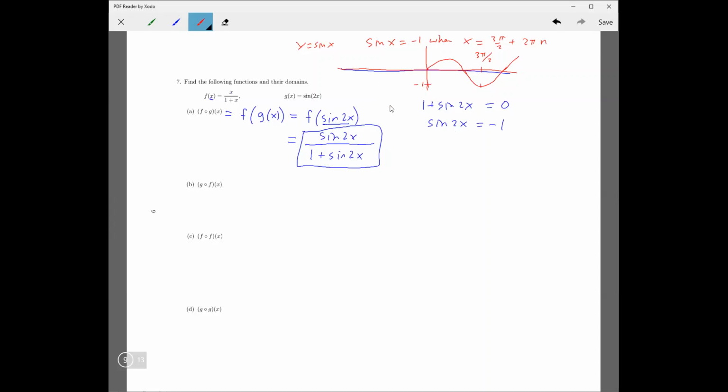This is going to go to this point right here, -1. Okay, so here you have the graph y equals sine x, right? What's the graph of y equals sine 2x going to look like? What does the 2 do?